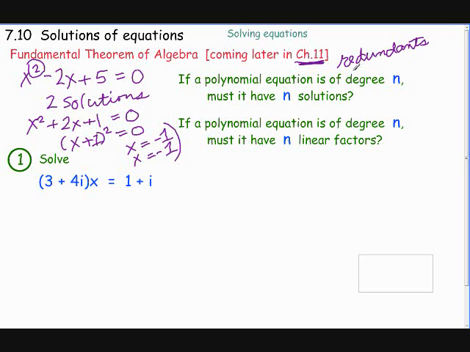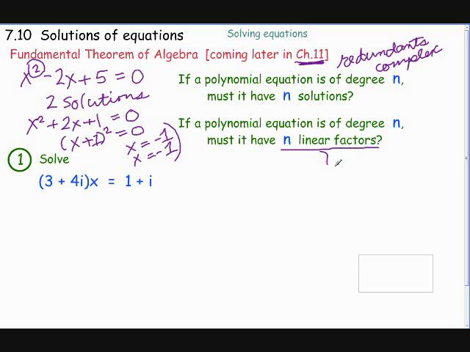We're considering redundant solutions and complex number solutions. Earlier in our studies, we didn't consider complex number solutions. We only looked for real number solutions. So we have matured a bit in our mathematical understanding. If a polynomial equation is of degree n, must it have n linear factors?